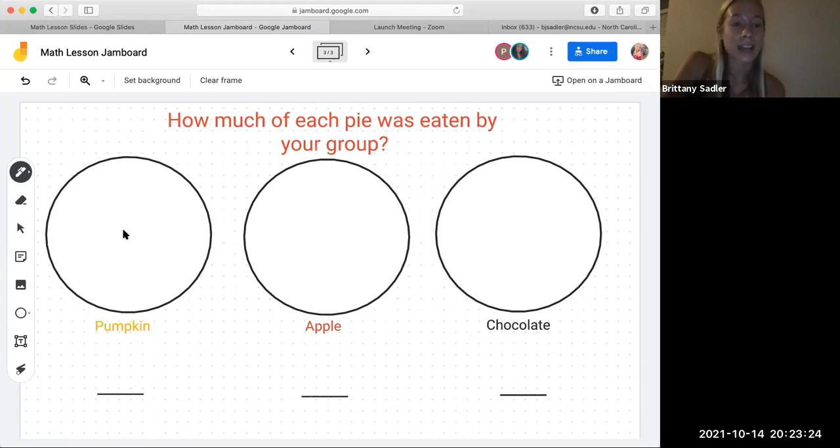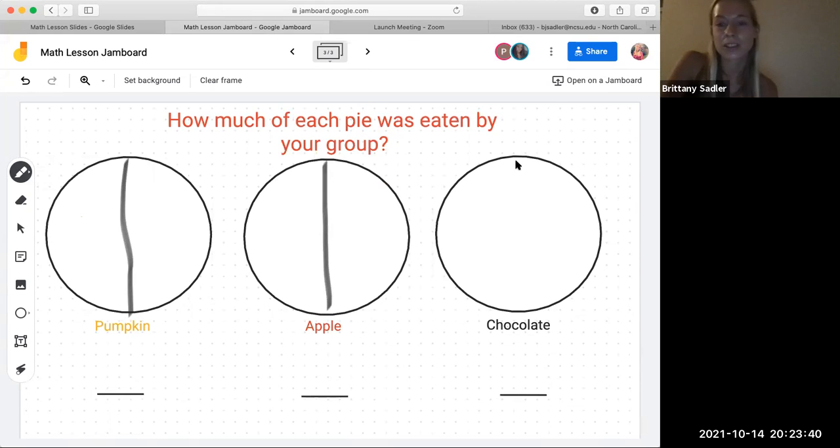Because you divided each pie in half, we're going to do that on these. And we talked about how the denominator is the number of equal unit fractions a whole is divided into. So we'll put 2, 2, and 2.